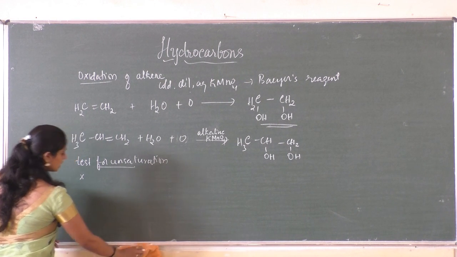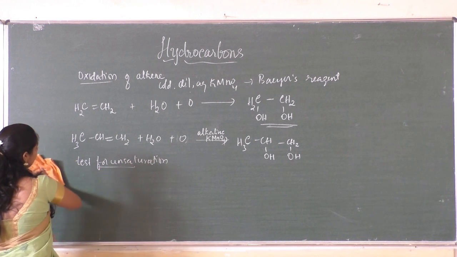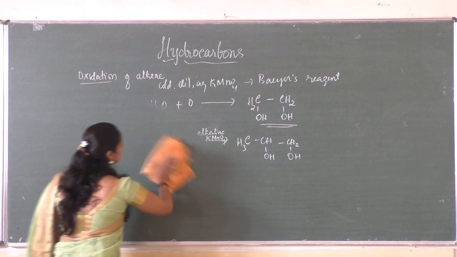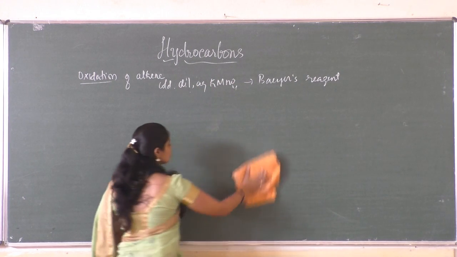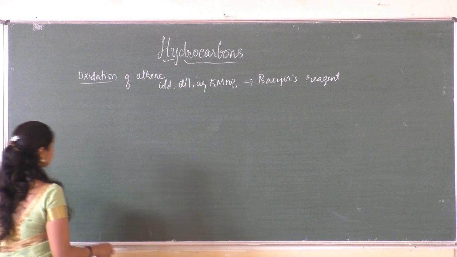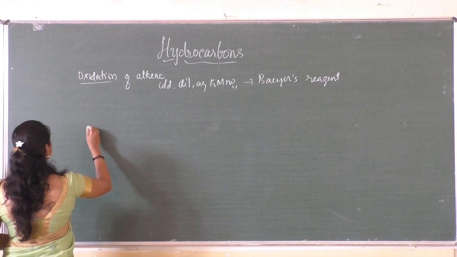So if you use acidic KMnO4 or acidic potassium dichromate, then oxidation occurs to form ketones or carboxylic acids depending upon the nature of the alkene we have taken.